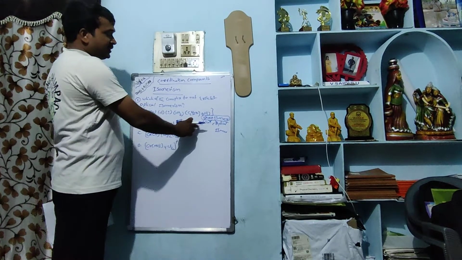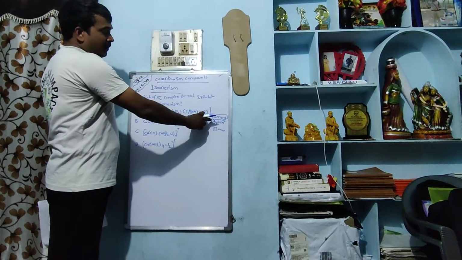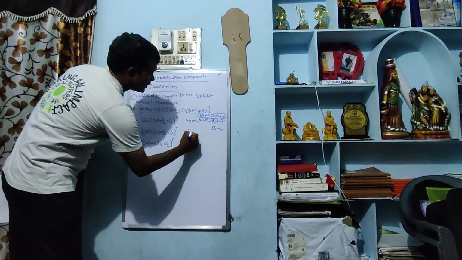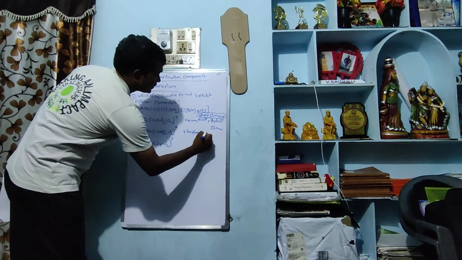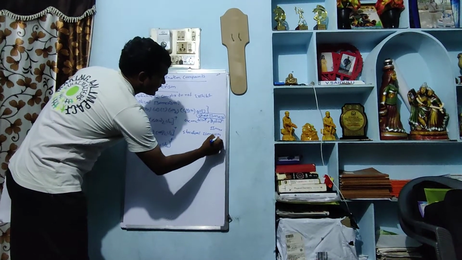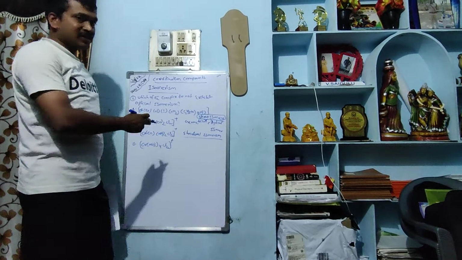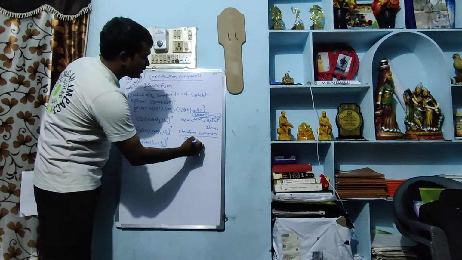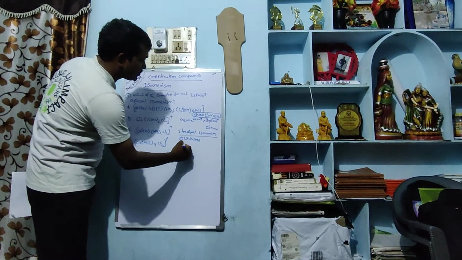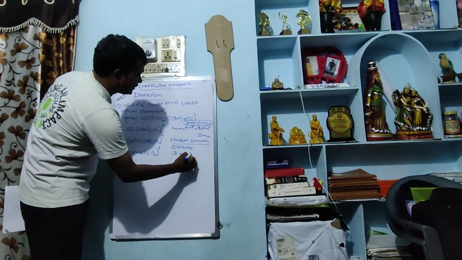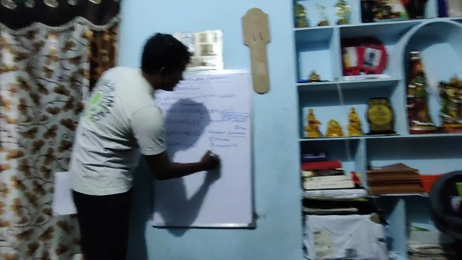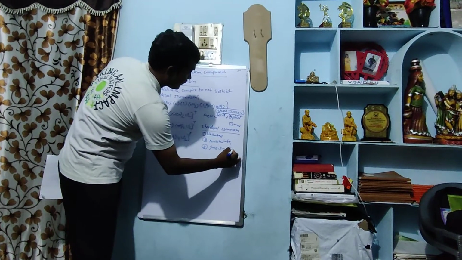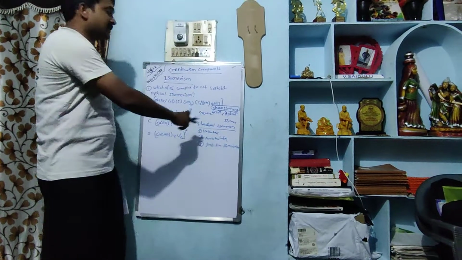If you consider these two isomerisms combined, we call them stereoisomers. Another one is structural isomerism. What is structural isomerism? In the case of coordination compounds, structural isomerisms are of different types. One is linkage isomerism, next ambidentate, next ionization isomerism. These are the structural isomers.